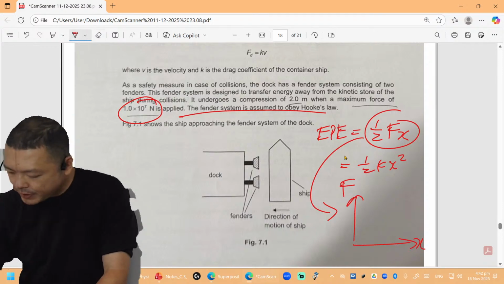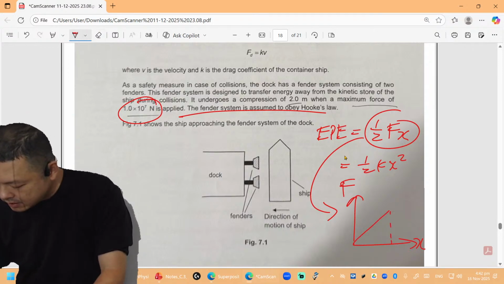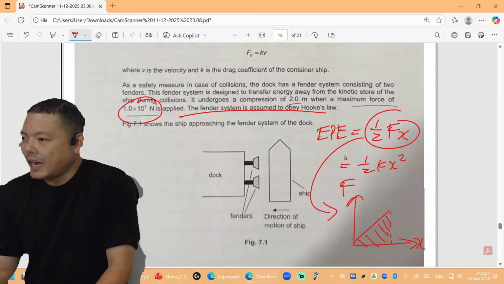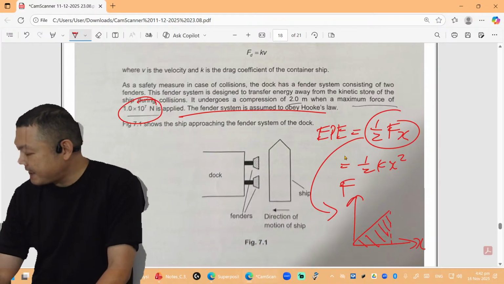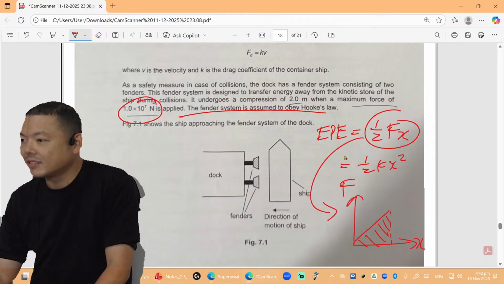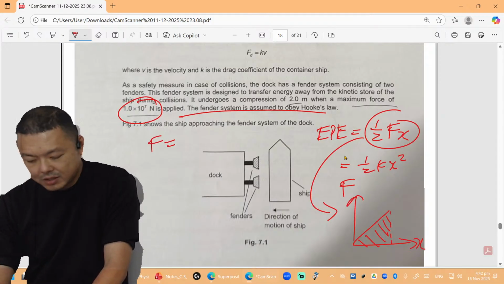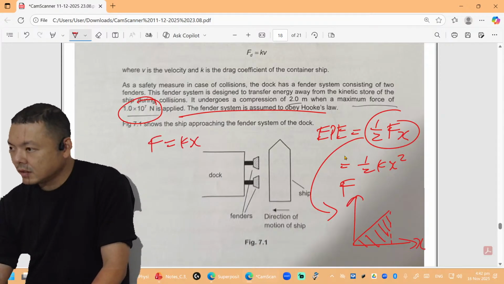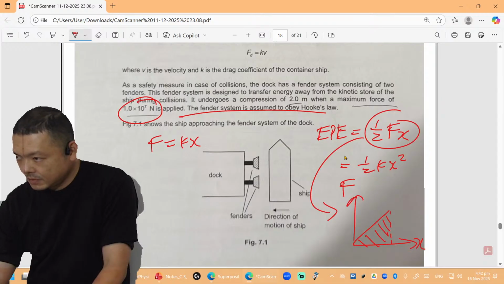So the work done on the spring is the area under the graph, half F times x. Yes, F equals kx. Sure. Which is fine if you calculated it correctly.